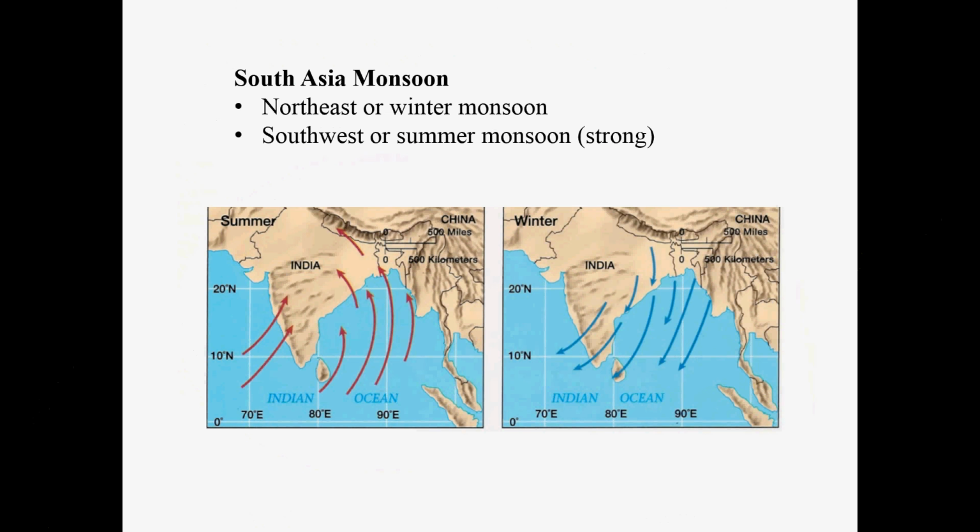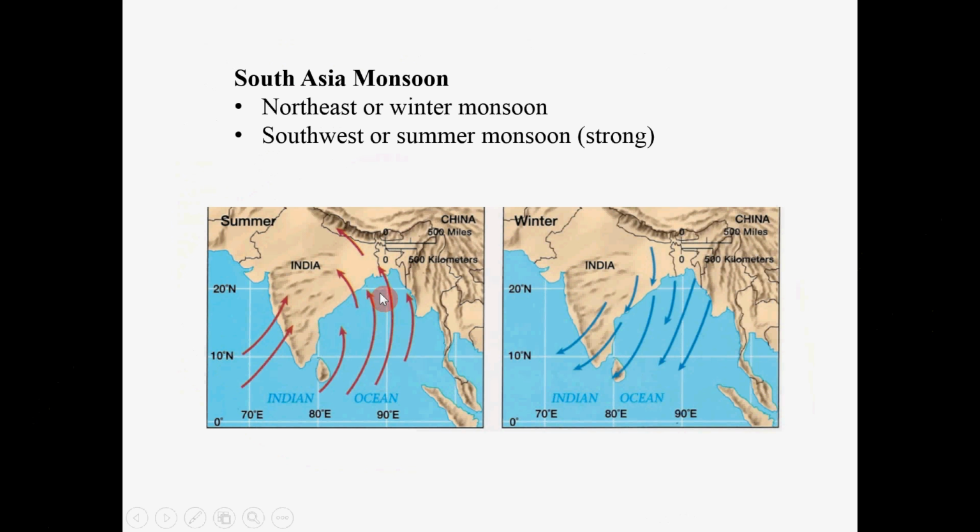Here first you have the South Asia monsoon. You have the northeast monsoon, or the winter monsoon, that blows from land toward the ocean. Also you have a southwest monsoon, or the summer monsoon, that blows from the Indian Ocean toward the land.